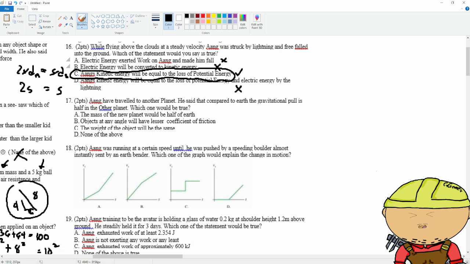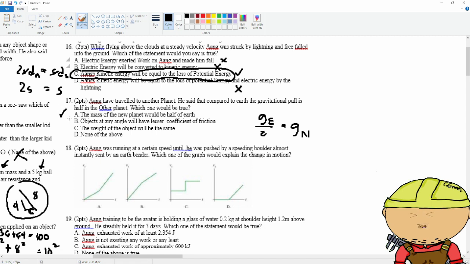Ang has traveled to another planet. Compared to the Earth's, the gravitational pull is half on the new planet. Which one would be true? The mass of the new planet would be half of the Earth, probably.